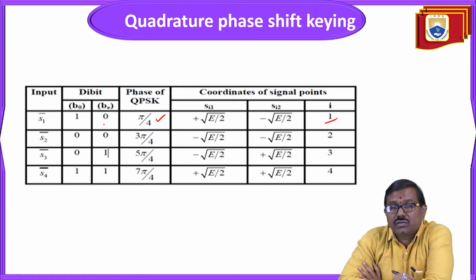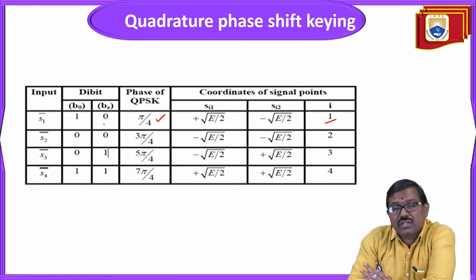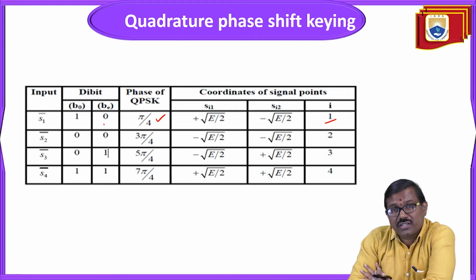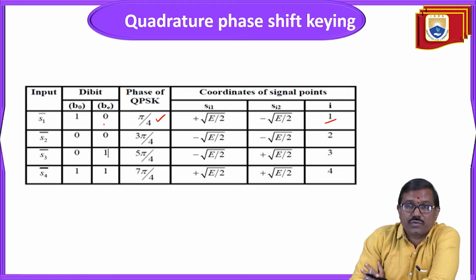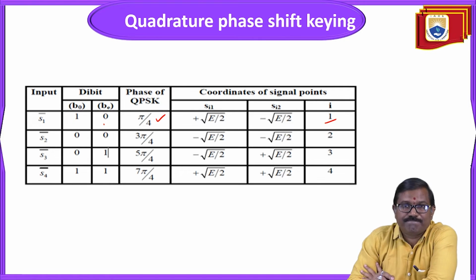We can see that the function s_i(t) is equal to square root of 2E by T cos of, and in that cos we have the cos of A plus B formula. So we can divide into cos A cos B minus sin A sin B. After substitution of the i value, we got square root of E by 2 and minus root of E by 2.